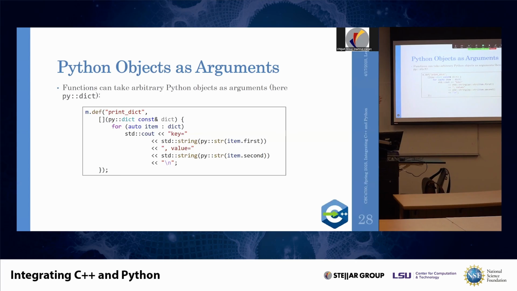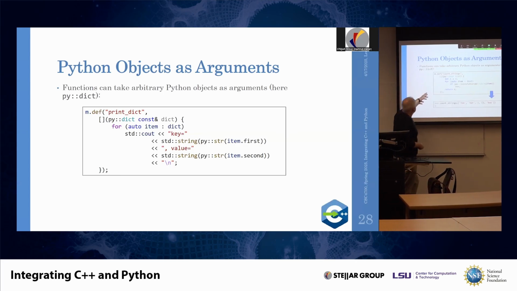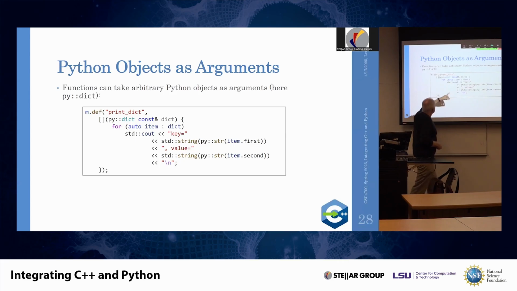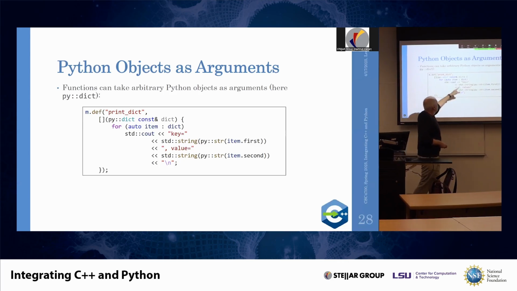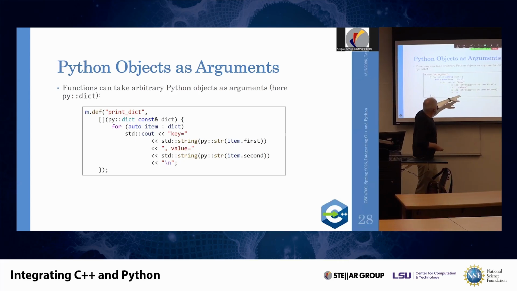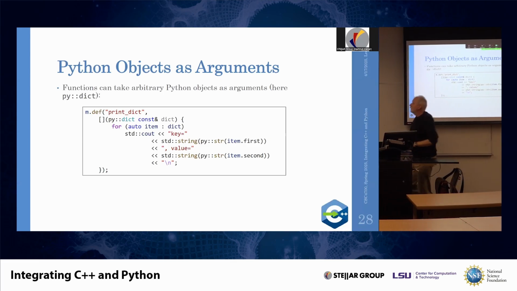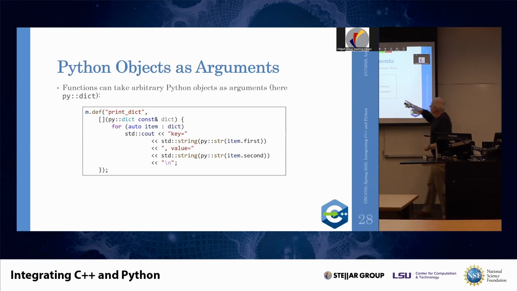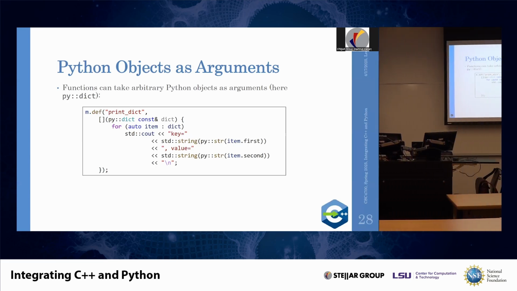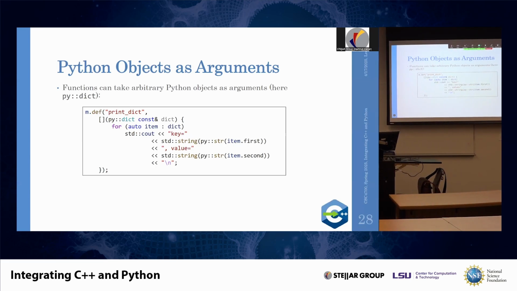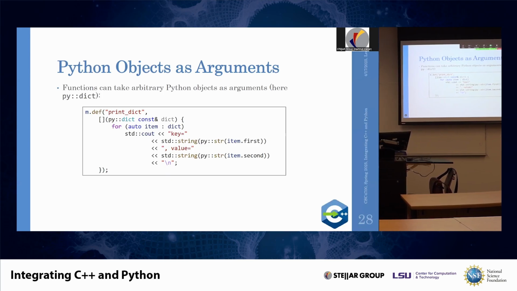You can do the same thing with a dictionary. So here we had a list. Now we pass in a dictionary, and we can iterate over the dictionary and access the key and the value by saying item first, item second. Please note that item first and item second will be Python objects, so a generic base class that has no type. So pybind11 doesn't know what that type is.